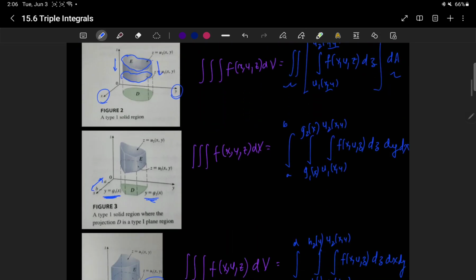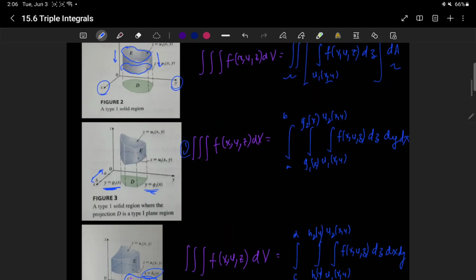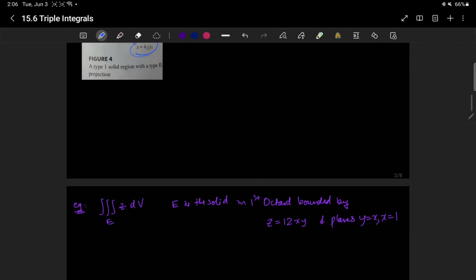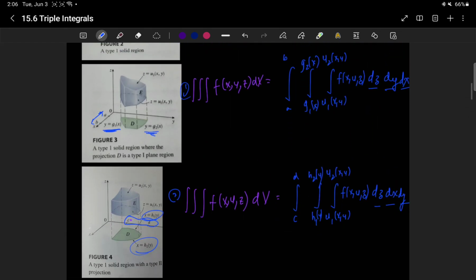So this already gives me two different ways of doing it: dz dy dx and dz dx dy. As you can imagine, there are 4 more, such as dx dy dz and dx dz dy, which are basically if I project onto this plane or that plane. We'll look at that in a bit.